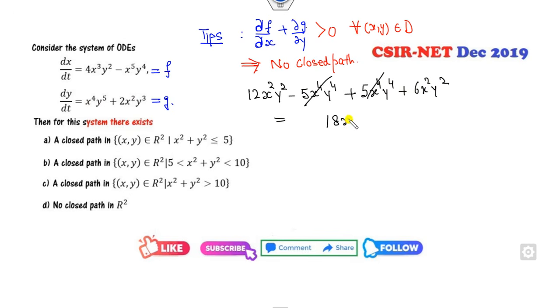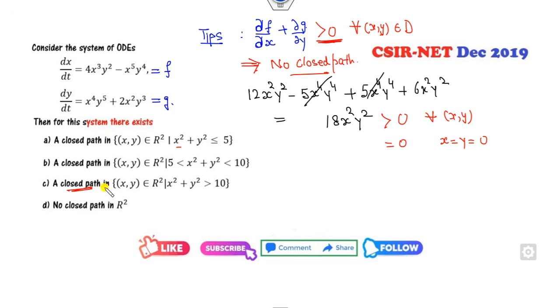It's 18x square y square. Now it's greater than or equal to 0. First of all, this expression is always greater than 0 for all x and y, and it's 0 whenever x and y are 0. So that means there is no closed path.